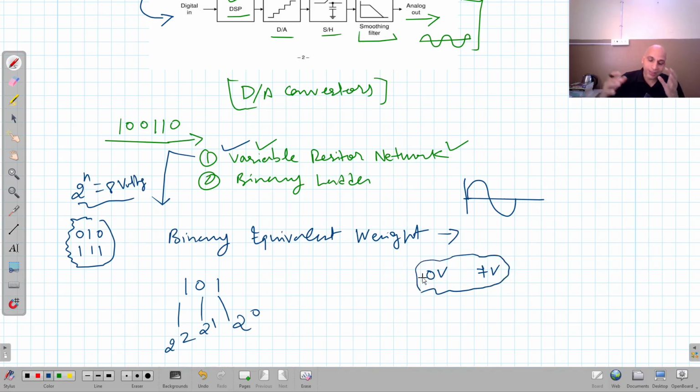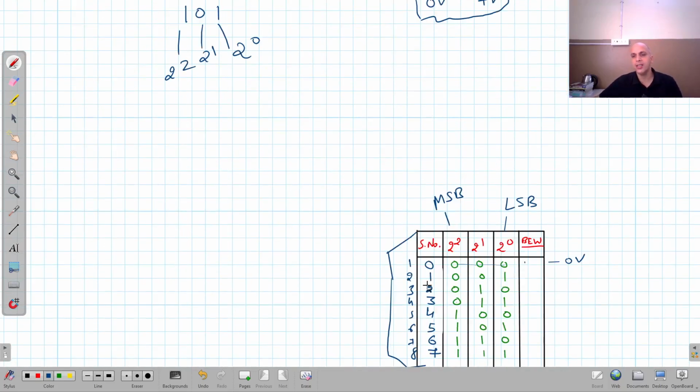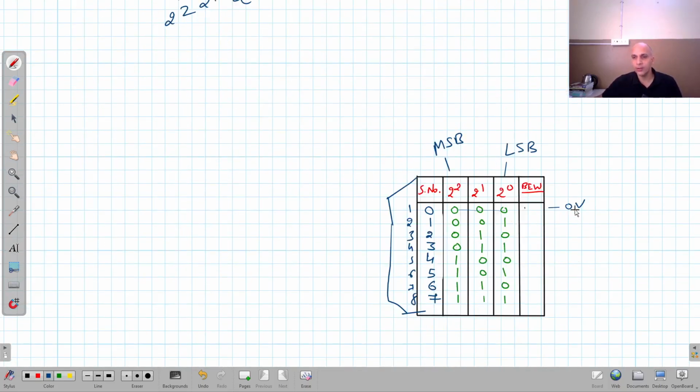Don't get confused by it. It is purely a choice. We can take any value, even negative. There is no restriction on it. But for better understanding, I am taking minimum value 0 and maximum value 7 volt. Now you can see here in this table, this is 0 volt.